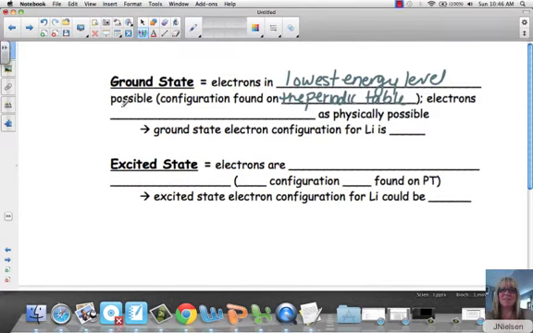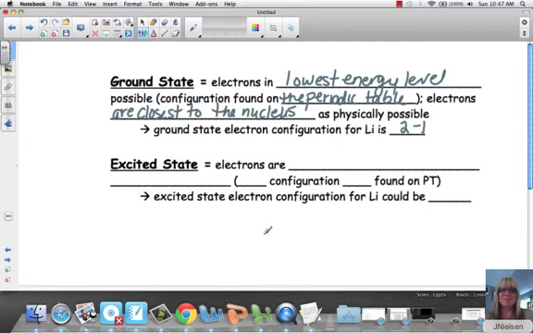Electrons are closest to the nucleus as physically possible, meaning as close as the max number of electrons in each principal energy level will allow. So meaning 2 in the first principal energy level, 8 in the second, so on and so forth. The ground state electron configuration for Li is 2,1, and this is what we find on the periodic table.